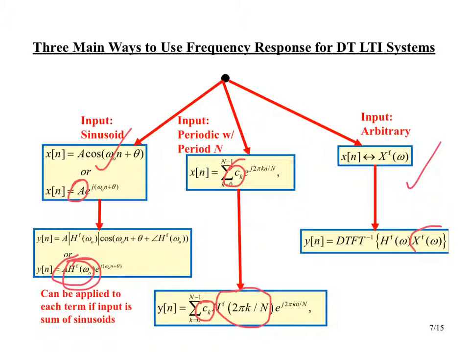The magnitude and phase of the input are getting modified by the magnitude and phase of the system, and then the DTFT inverse is just doing something similar to this sum, except it's doing it as an integral. So you should know how to do each one of these three paths. Make sure you understand how each one of these paths works.